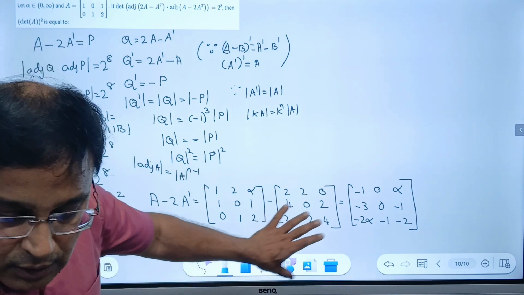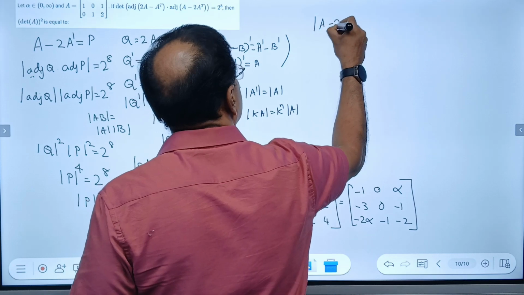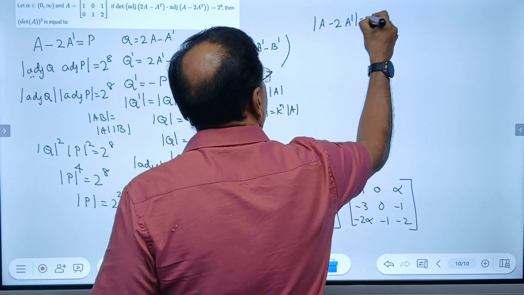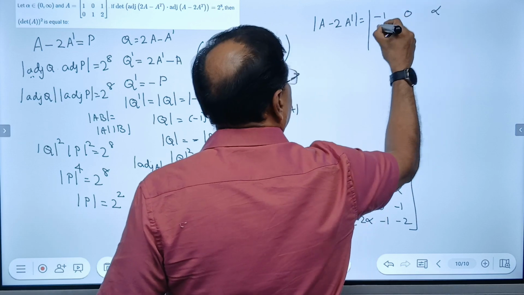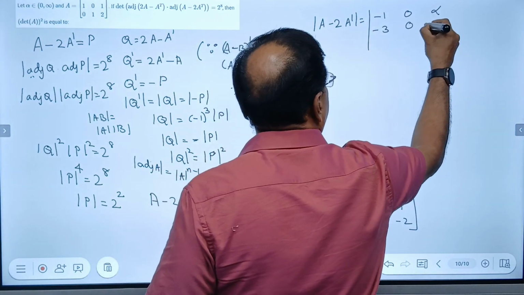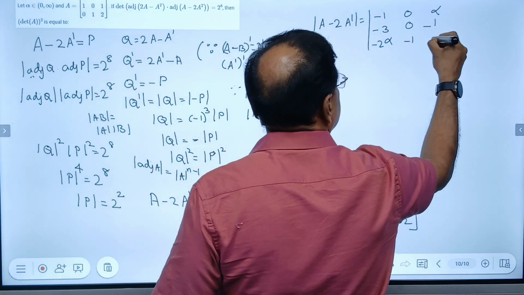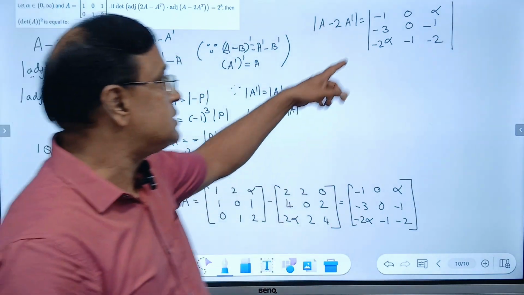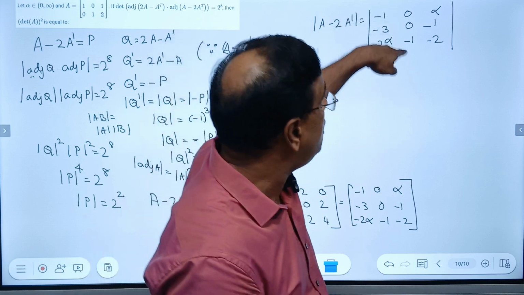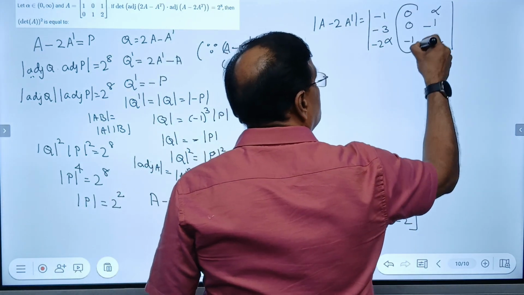Okay, we got this. Now I want to find the determinant of A minus 2A transpose. Always remember to expand the determinant along the row or column with the maximum number of zeros. In column 2 I have the maximum zeros, so I will expand with respect to column 2.